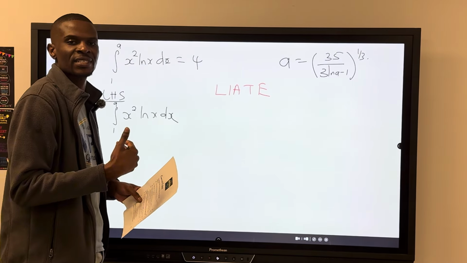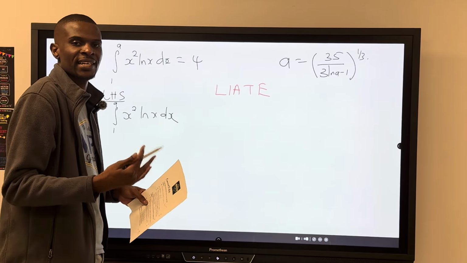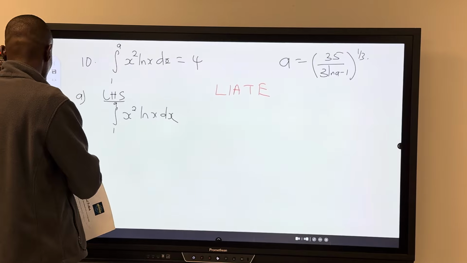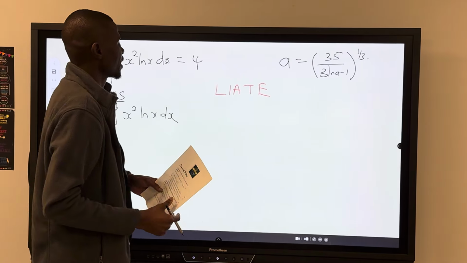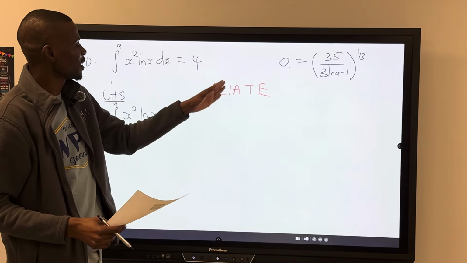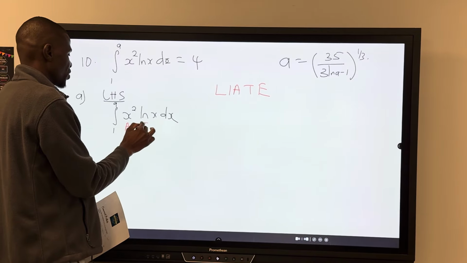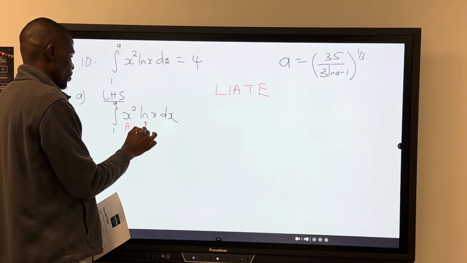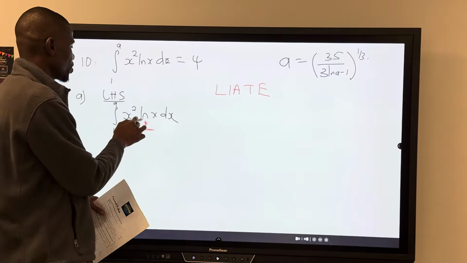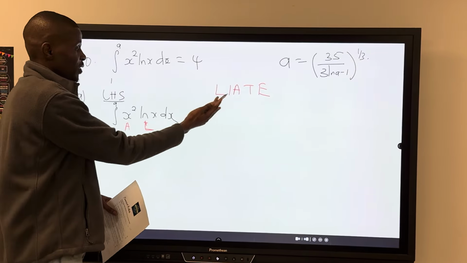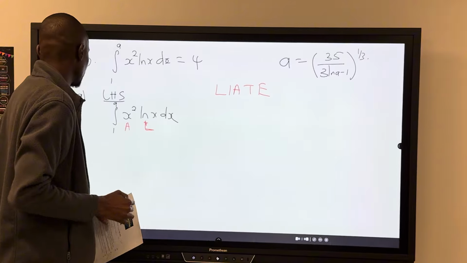Anything on the left is differentiated and anything to the right is integrated. L is for logarithms, then inverse trig, algebra, trig functions, and exponential functions. As we can see, this is algebra and that's a logarithm, so the logarithm is what we differentiate because it's on the left, and the algebra term we integrate.